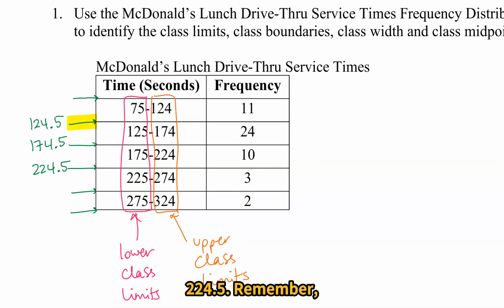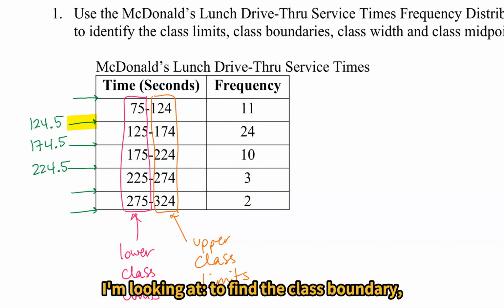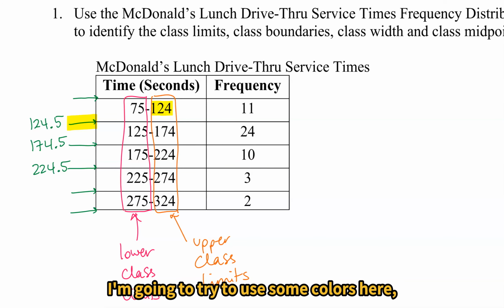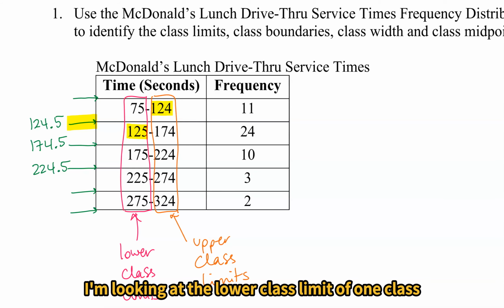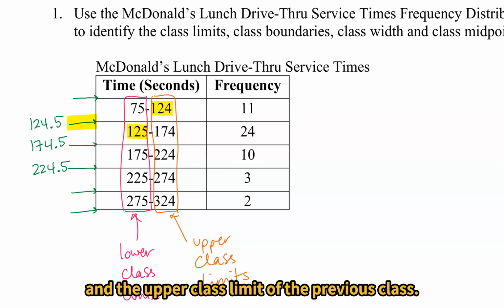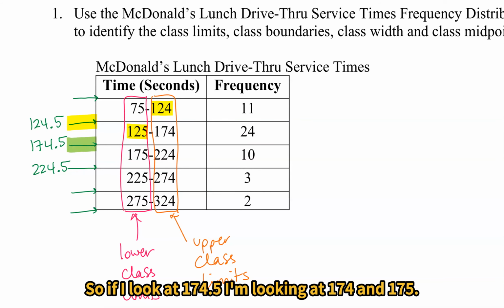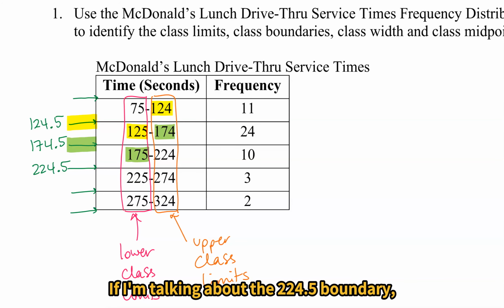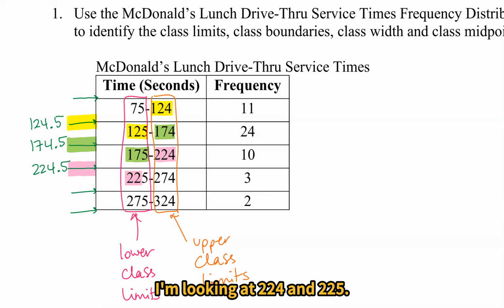How about the next one? 224.5. Remember, to find the class boundary, I'm looking at the lower class limit of one class and the upper class limit of the previous class. So if I look at 174.5, I'm looking at 174 and 175. If I'm talking about the 224.5 boundary, I'm looking at 224 and 225.